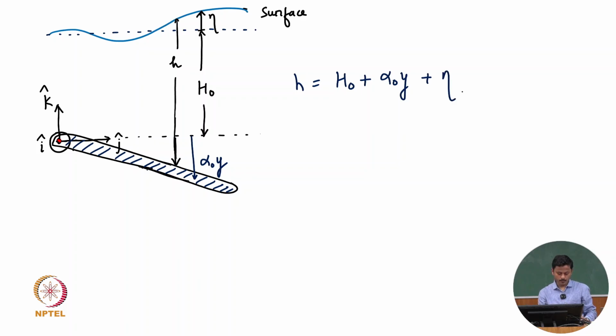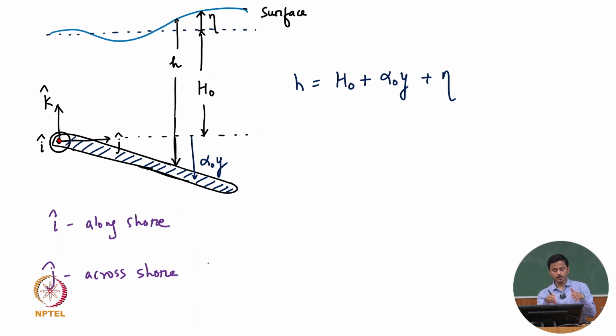Alpha naught is the slope, so alpha naught y is the distance after we have gone to this y location, where y is any point that we are measuring. Another point to mention is that the i cap direction is the along shore direction, and j cap is across shore.